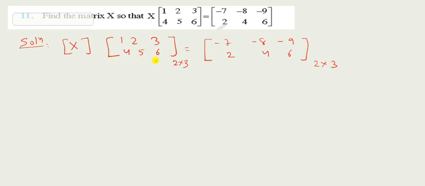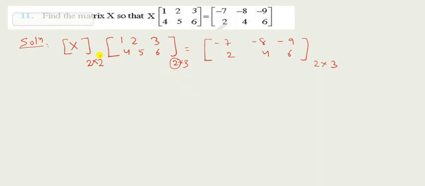First of all, if this number is 2, definitely the second number must be 2. Number of rows in the second must be equal to number of columns in the first. So this must be 2. Now the resultant is 2 cross 3, so X must be a 2 cross 2 matrix.